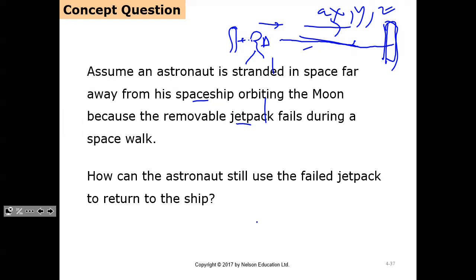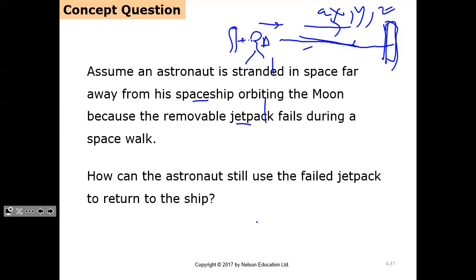There is no floor to push, no air to push back. Like in water, you push the water back, the water pushes you forward. Even if you consider air to be the water analog, there is no air in space. So you cannot swim back toward the spaceship.